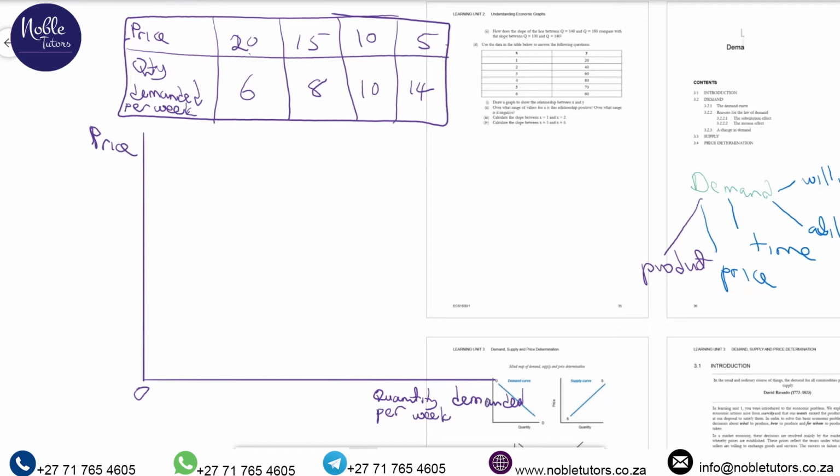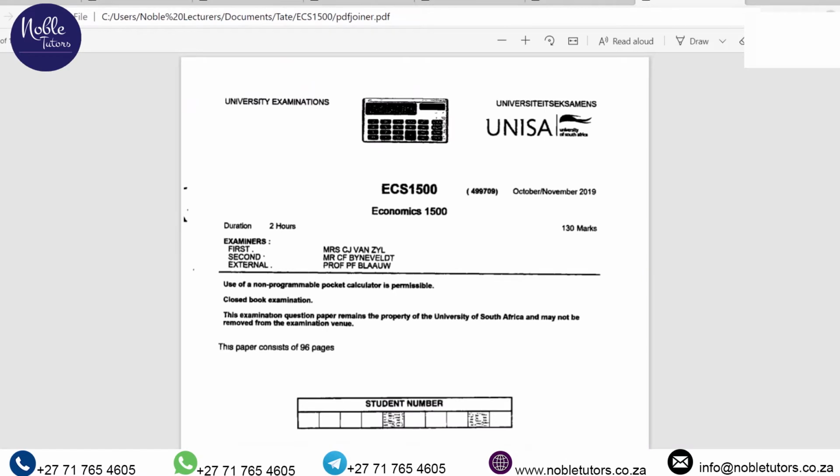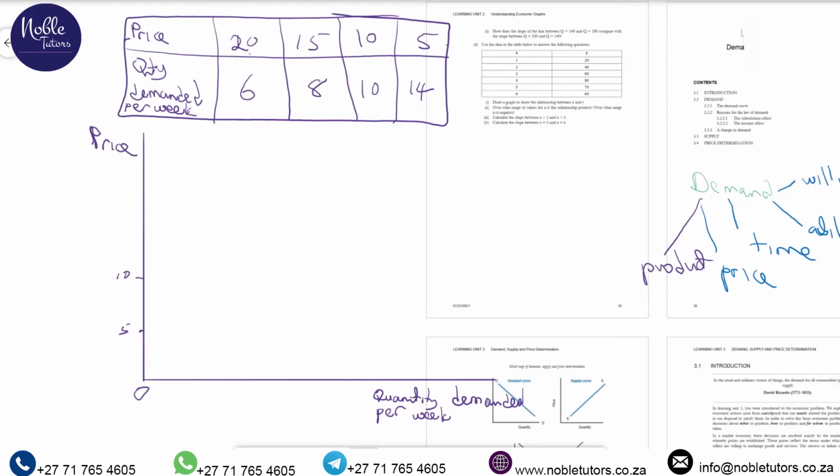Now, to draw the curve, we have to make use of these values. Let's suppose the price range is in the scale of 5, 10, 15, 20.